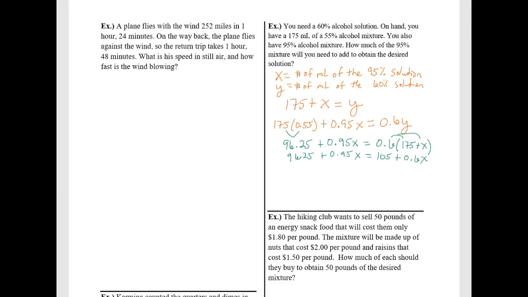I want to get all my x's on one side and the numbers on the other. So let me get some different colors here. Let's move the constants, the numbers without the variables, to the right-hand side of the equal sign, and let's move the x's all to the left-hand side.